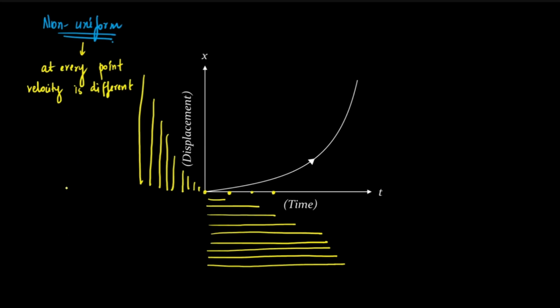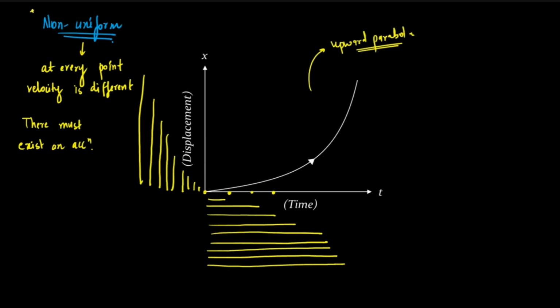So here we can say that there must be an acceleration. So this is the graph which is representing an upward parabola. And this upward parabola is representing non-uniform motion, or the particle is moving with constant acceleration. That is what this graph says.